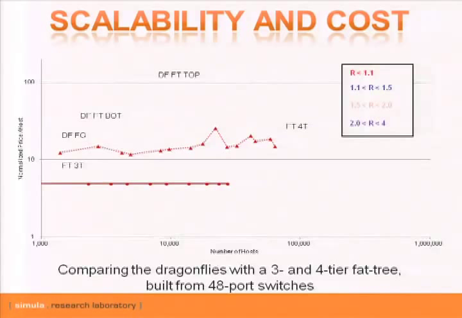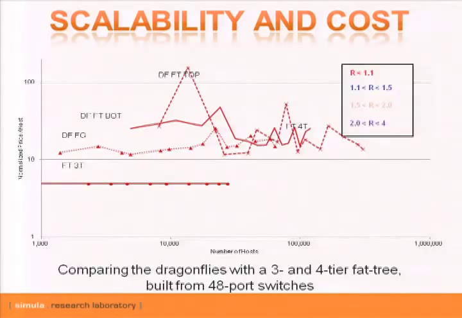Then we have the 3-level fat tree and so on. The picture is entirely the same. The only difference is that the networks grow to a much, much larger size. Actually, the 4-level fat tree here, for the non-blocking case, is approaching 1 million terminals.